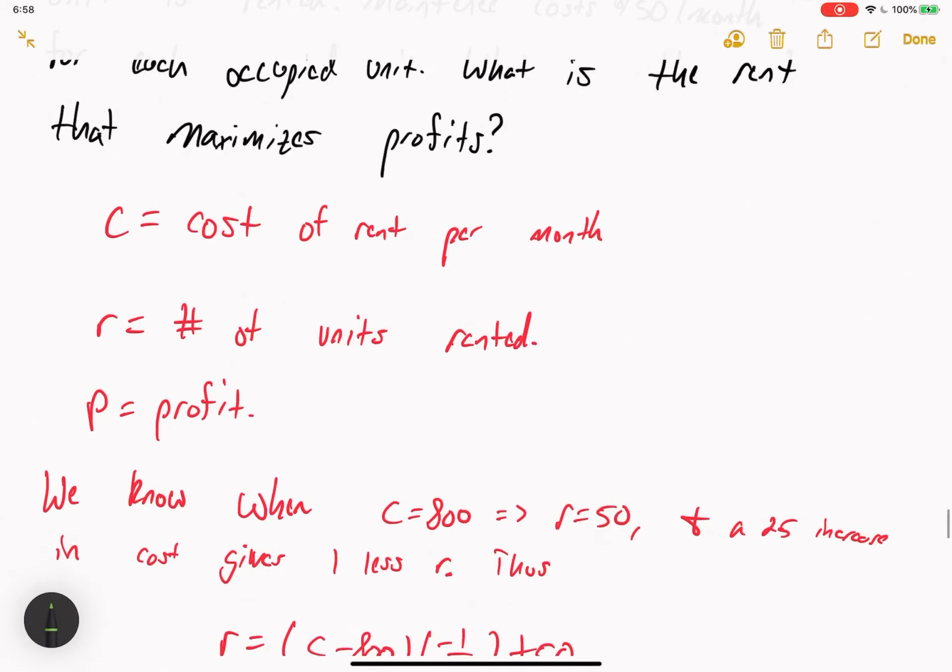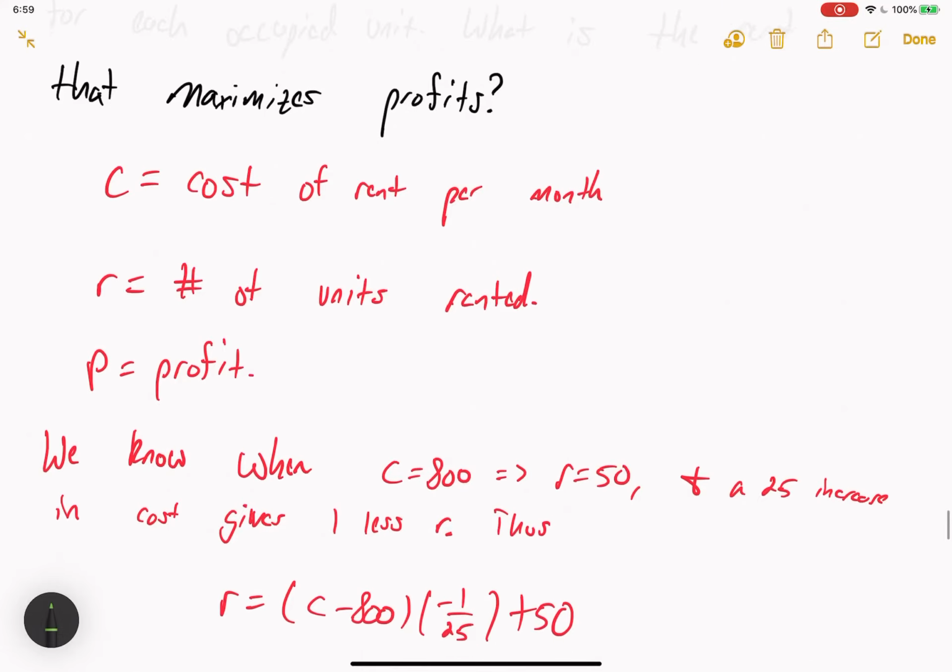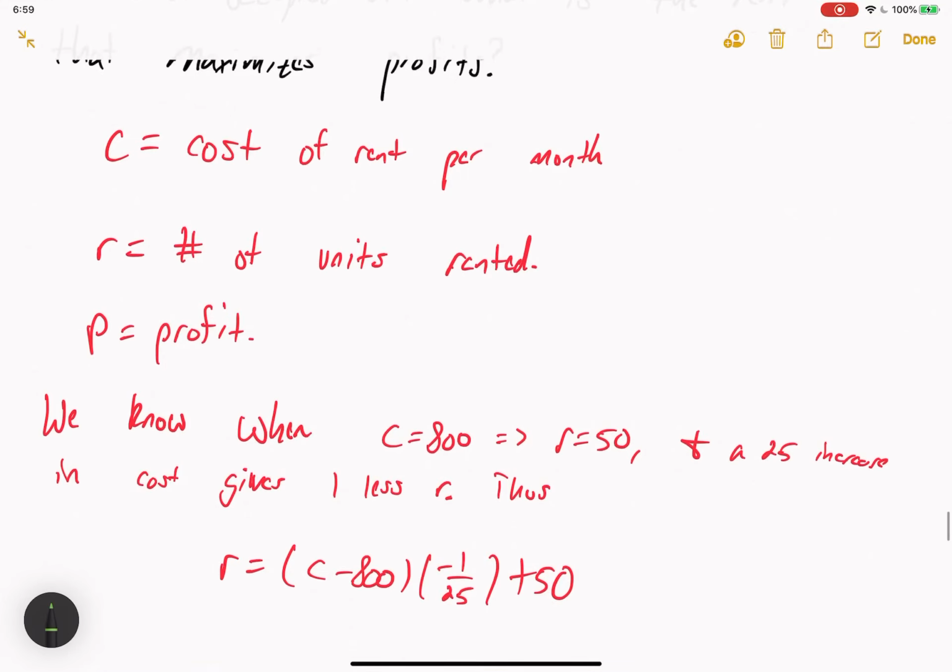So we know that when our cost is equal to 800, our number of units being rented is equal to 50. So every time you get a 25 increase in the cost, it gives us one less R. So one less unit is being rented. So that tells us it's a slope. There are many different ways, but this is basically the equation that we get.